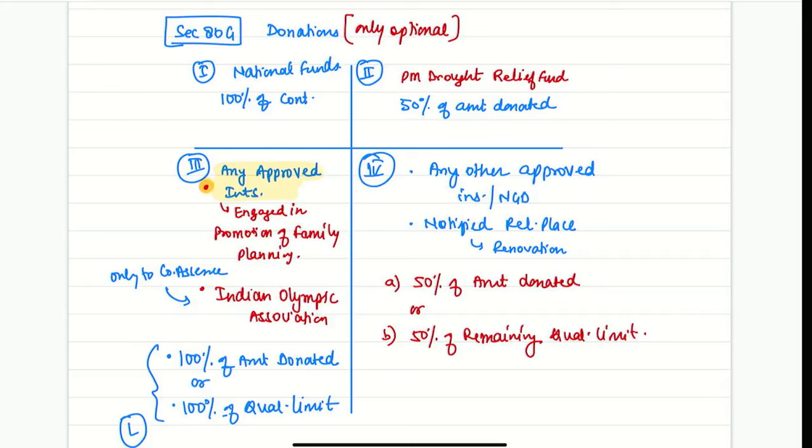First of all, tell me, have you made this? Then I'll explain more. So guys, in first and second, there is no such reference of limit. But in third and fourth, there is a qualifying limit also. Here it is 100%, here also 100%, here it is 50%, here it is 50%.